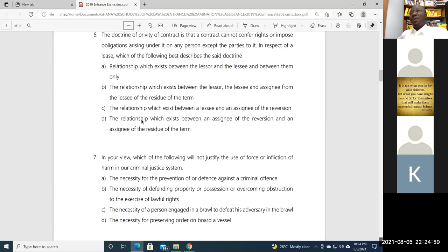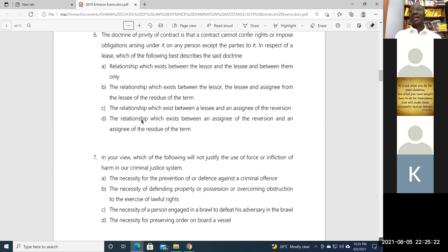Now, a number of scenarios. If, for example, A is a lessor, B is a lessee, and A has given B a 50-year leasehold. That is, B is supposed to have exclusive possession of the particular land for 50 years.